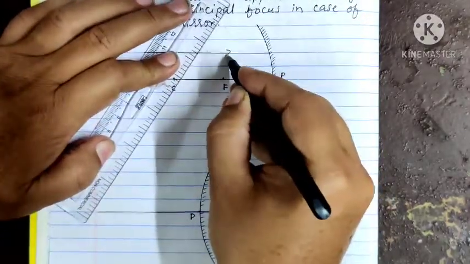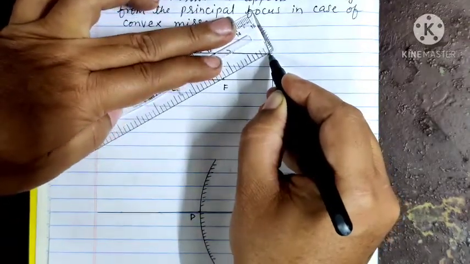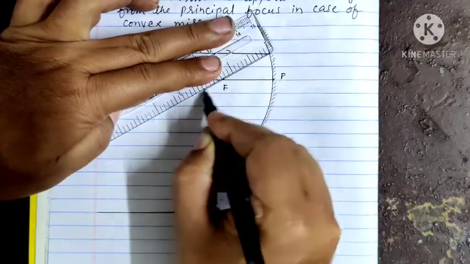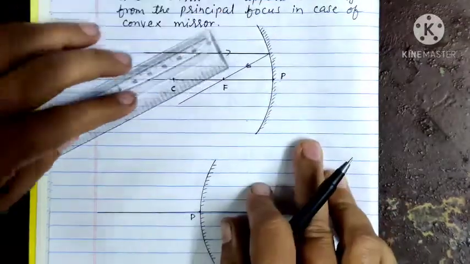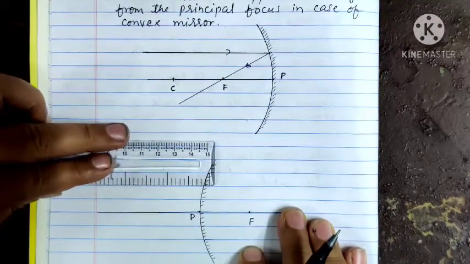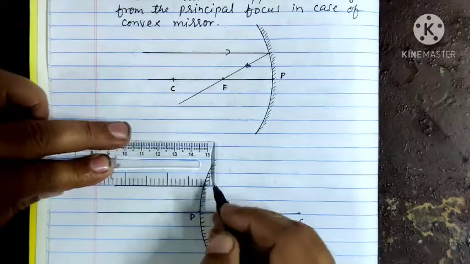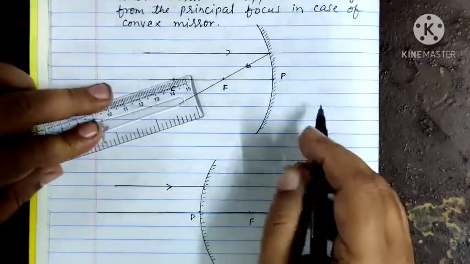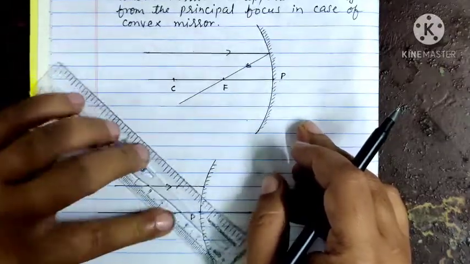So after reflection from the concave mirror, it will pass through the principal focus. And in the case of a convex mirror, a ray of light which is parallel to the principal axis will appear to diverge from the principal focus.